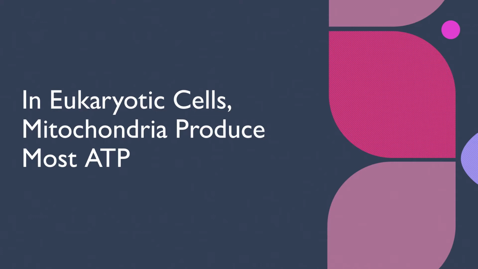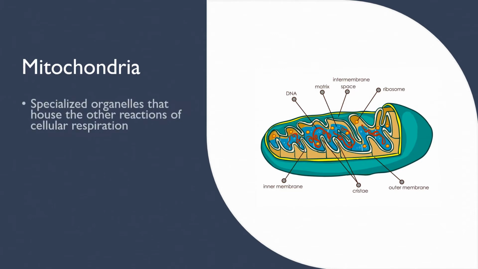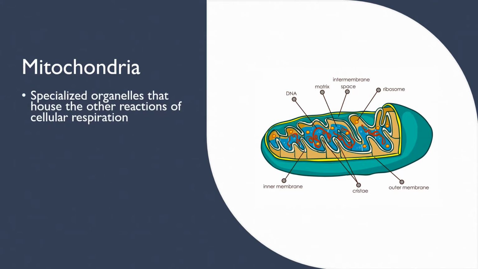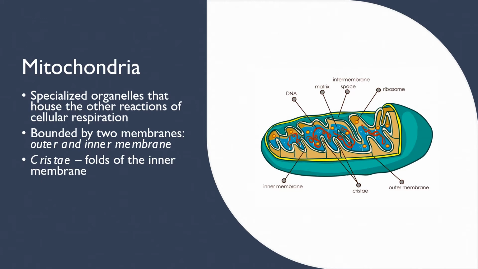The eukaryotic cells of protists, plants, fungi, and animals, however, contain the mitochondria, which is a specialized organelle that houses the other reactions of cellular respiration. A mitochondrion is bounded by two membranes, the outer and the inner membrane, which is highly folded. Cristae are folds in the inner membrane.